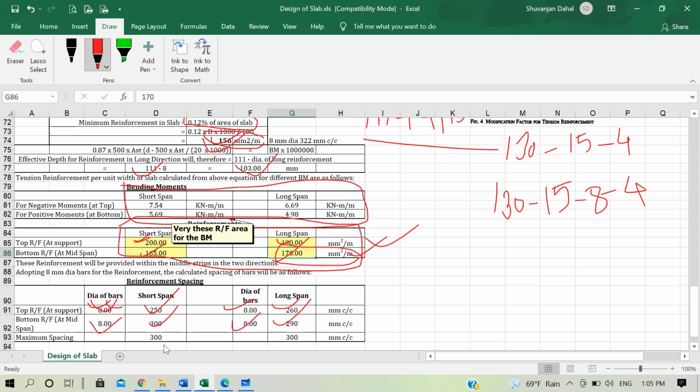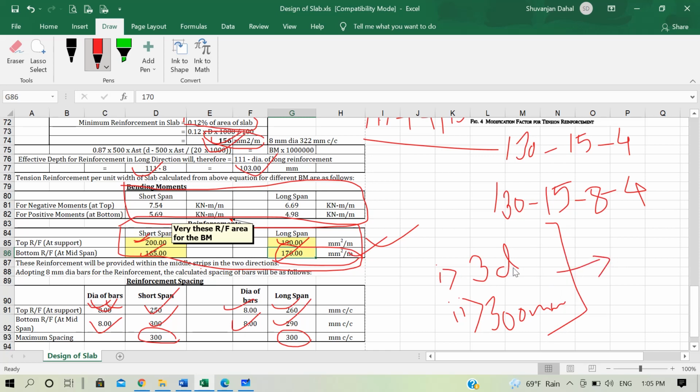And our codal provision is that for main reinforcement, the maximum spacing should be either 300 mm, or there are two conditions. First, you have to calculate 3 times the effective depth, and second is 300 mm. From these two, whichever is the lesser one, the spacing of our reinforcement should be less than that lesser value.